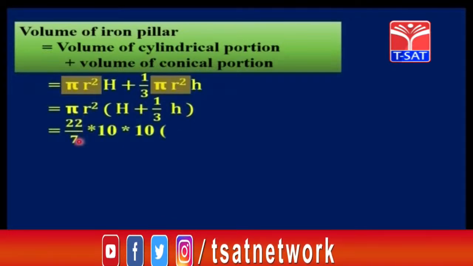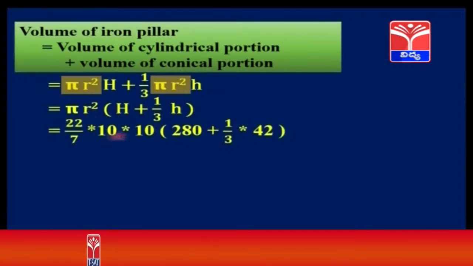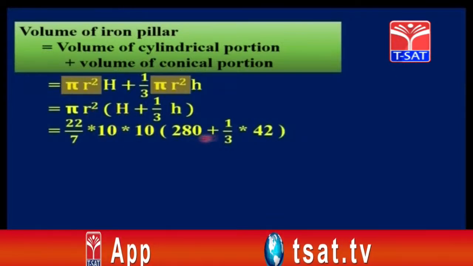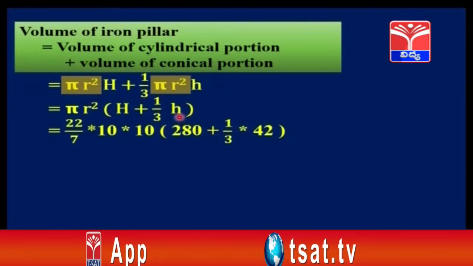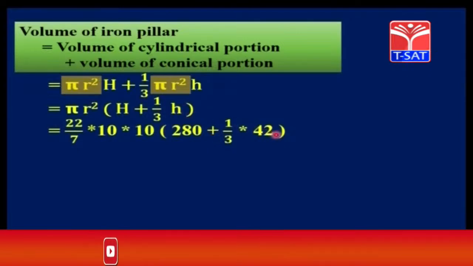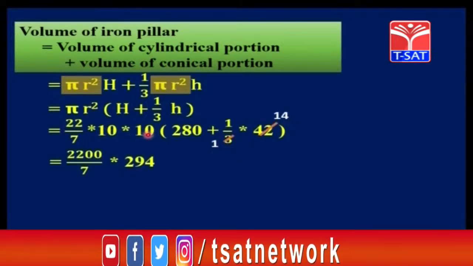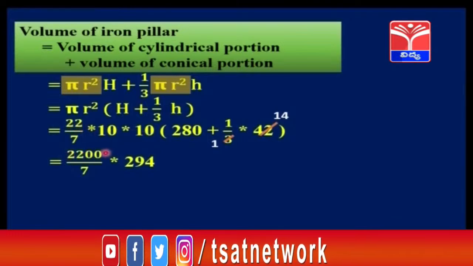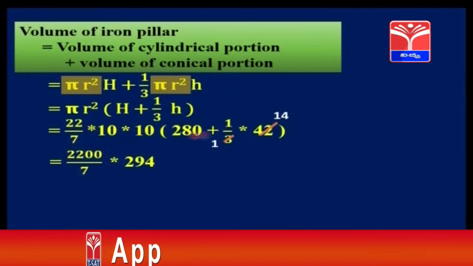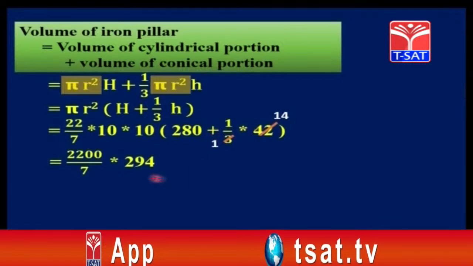Pi value 22 by 7, r means the radius 10 into 10, r square means 10 into 10. Height of the cylinder is 280 plus 1 by 3 into small h, means height of the cone 42. Now, see the cancellations, 3 ones are 3, 14s are 42. 10 into 10, 100, 100 into 22 is 2200 by 7. Next, here 280 plus 14 is 294.